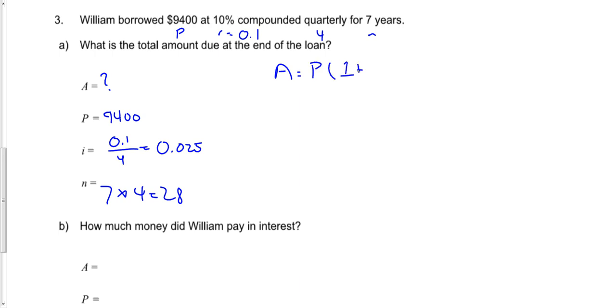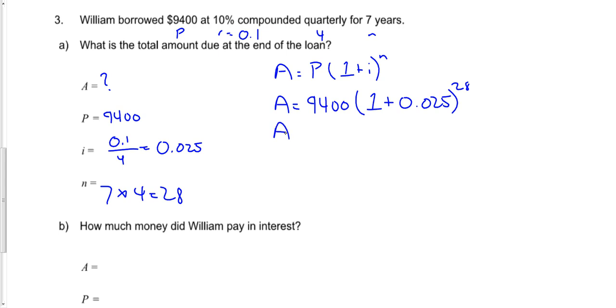So 1 plus I raised to the n. So my final amount is going to equal my principal of $9,400 times 1 plus 0.025 raised to the exponent 28.